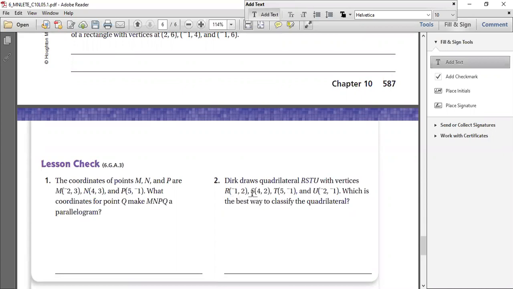Which is the best way to classify the quadrilateral? So here you just have to draw the points and then say what kind of quadrilateral is drawn. That's all. You don't need to find the length, sides or anything. So let's draw and check what kind of quadrilateral we are getting.